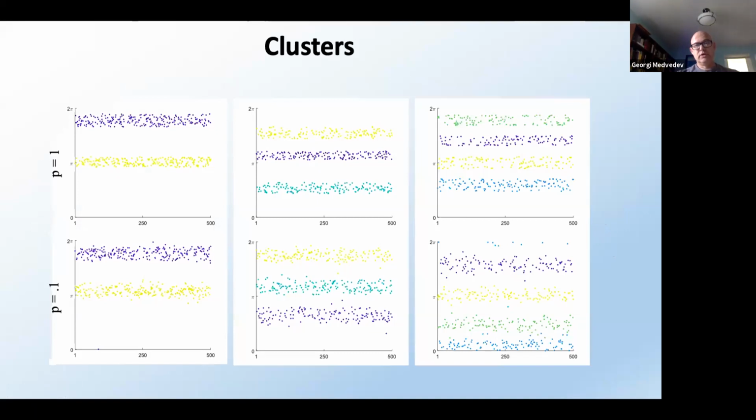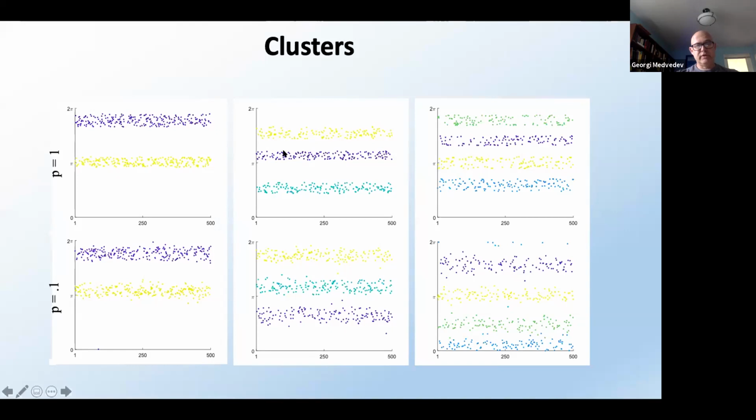Like I said, this model has a very interesting ability to generate clusters. These are some of the numerical simulations which show these clusters. In each simulation, G is uniform, so it's a uniform density over a certain interval.